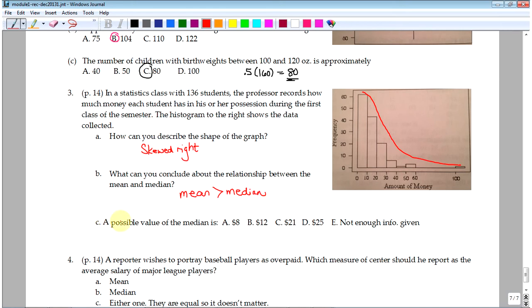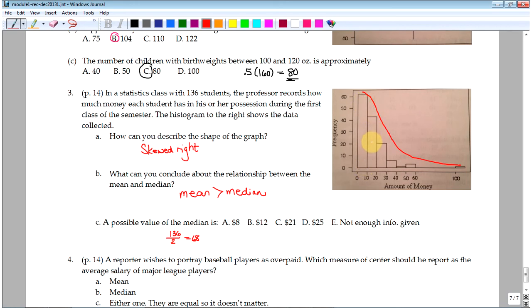Part C, a possible value of the median is, well, how many students were we talking about? 136 students. So what I'm going to do is take 136 divided by 2, which is 68. So the median is going to be somewhere around the 68th student. If you look at the first bar, we have a little over 60 students that had between $0 and $10 in their pocket.